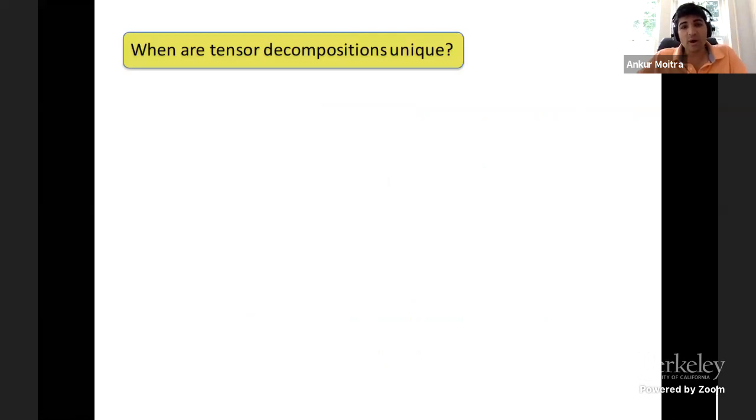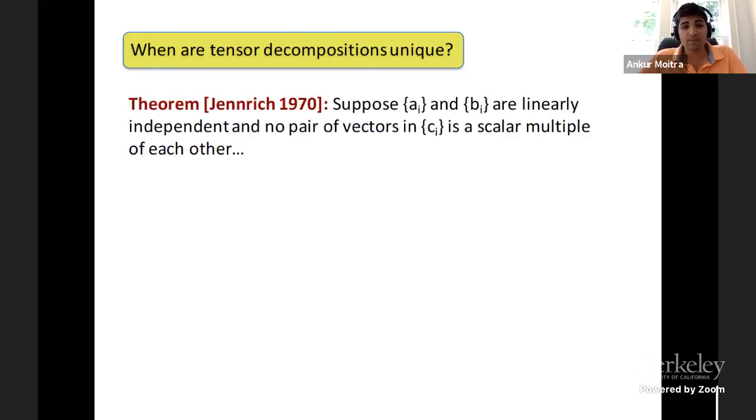So now back to the original question about factor analysis, which I claim is one of the main reasons to care about tensor decomposition. The answer to the following question: when are tensor decompositions unique?